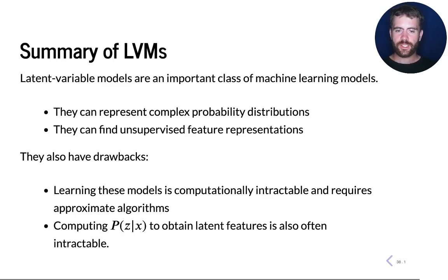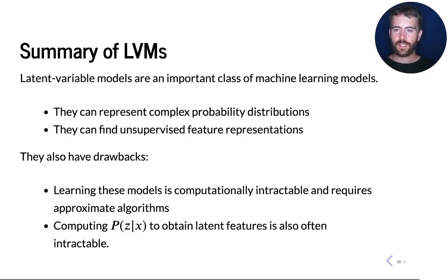But they also have limitations. These models are more complex, and for example, they require approximation algorithms to learn effectively, and even computing this posterior is also typically intractable and requires approximation algorithms.